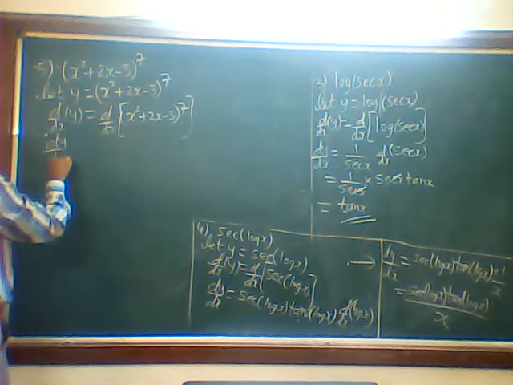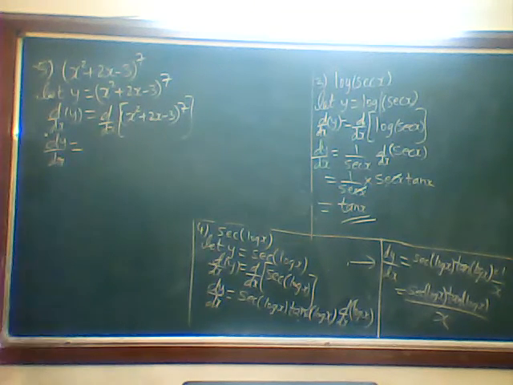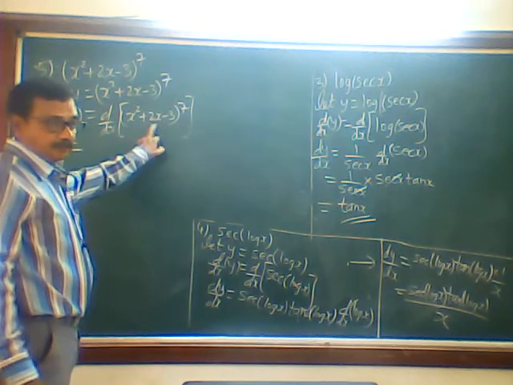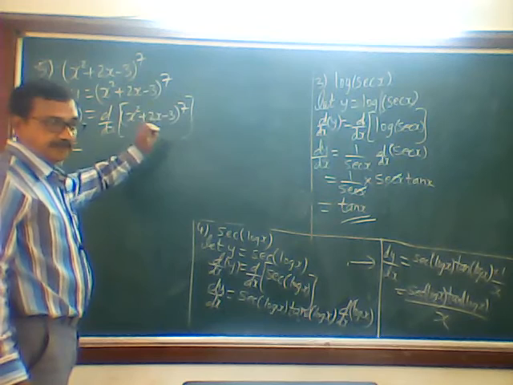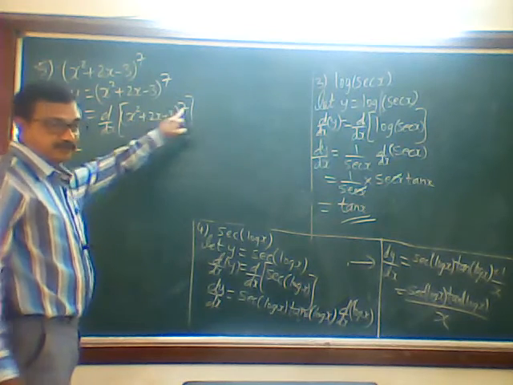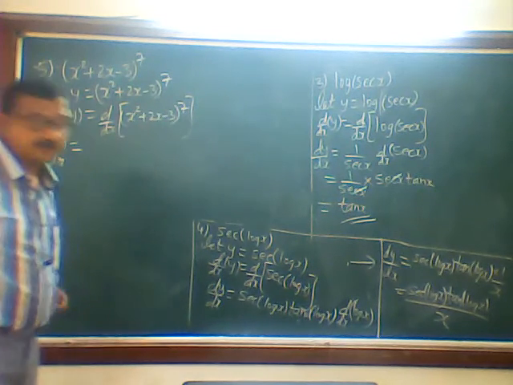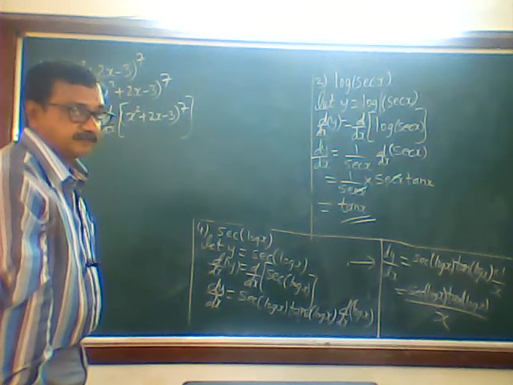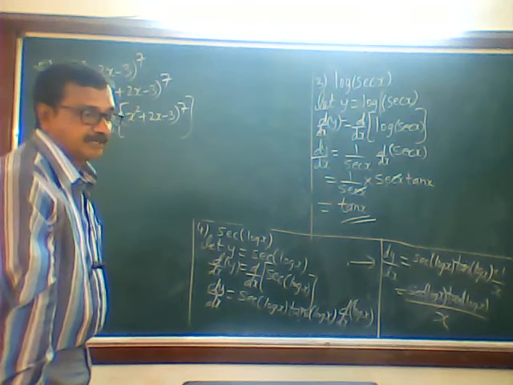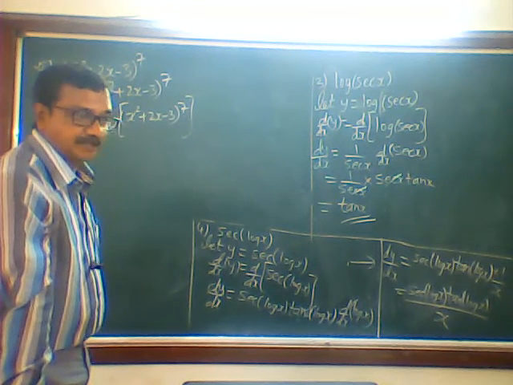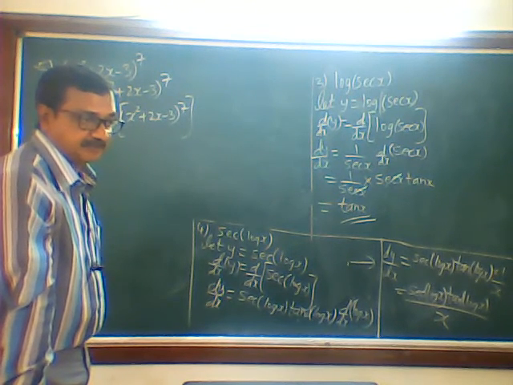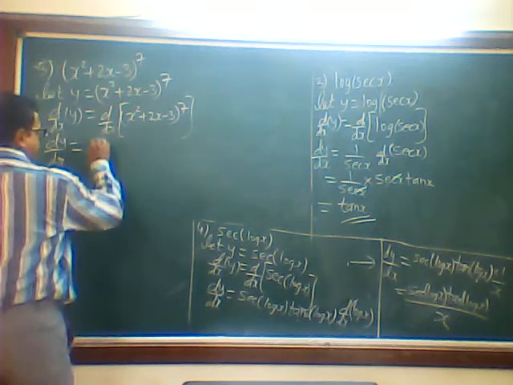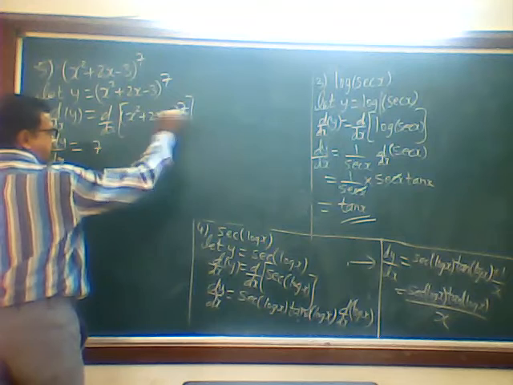Now again, for the time being, this whole bracket x square plus 2x minus 3, you assume it as x. D by dx of x raised to 7. X raised to 7, from where do you get the first formula? D by dx of x raised to n, there was what? N times x raised to n minus 1. The n is 7 here.